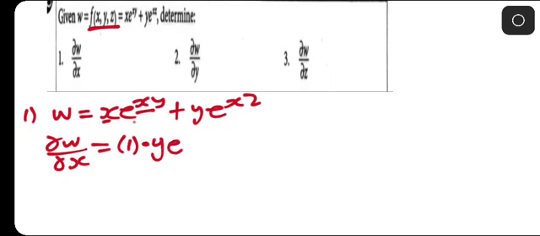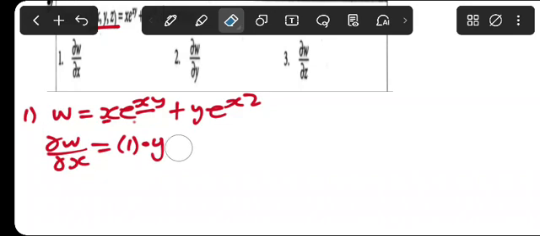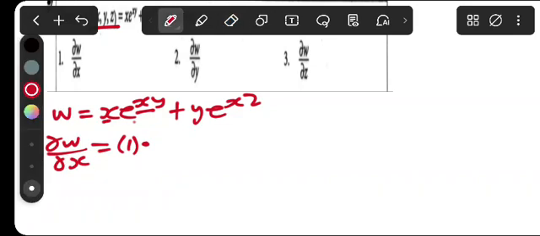This will be e^(xy). Remember, this is an exponential function. We know how to differentiate that. Oh, sorry, this is a product rule, guys. This one you will write as e^(xy) like that. Then you say plus.